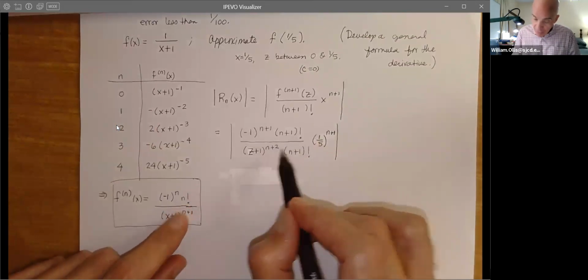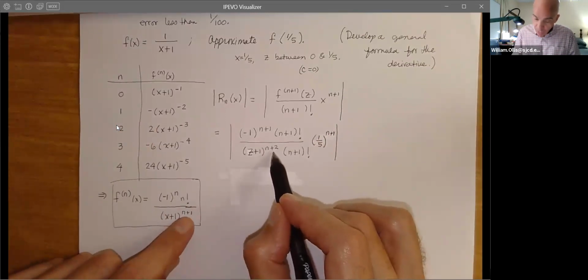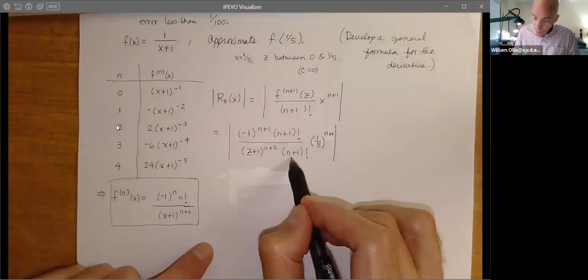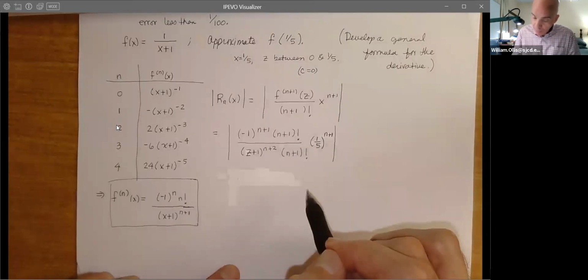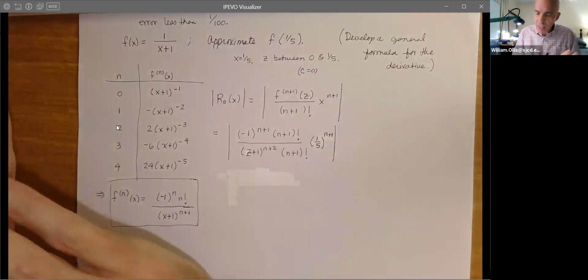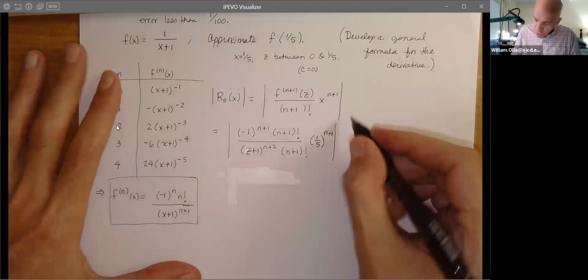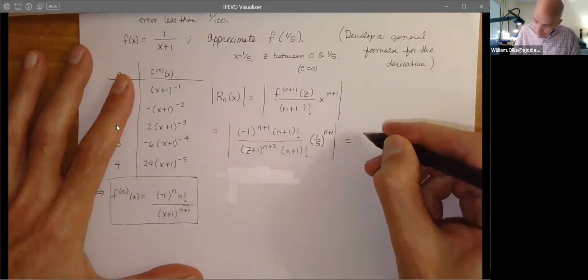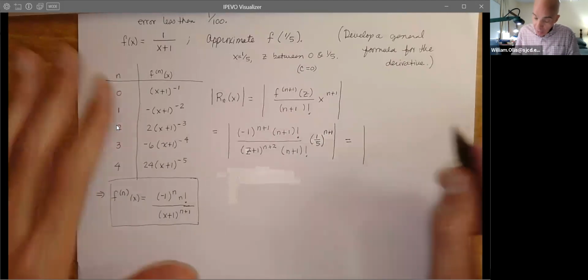And then we have the z, where the x goes, z plus 1 to the n plus 2, and then the n plus 1 factorial here, and then the x, which is 1/5 to the n plus 1. And now what we're seeing here, and this is what makes this problem a little bit simpler, is that when we reduce this, the n plus 1 factorials go away.